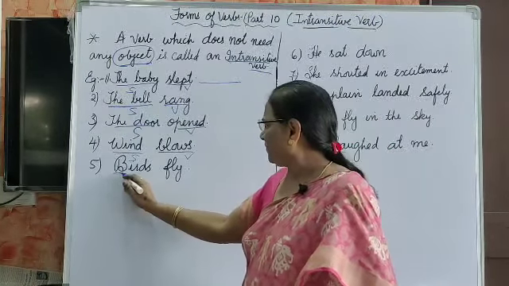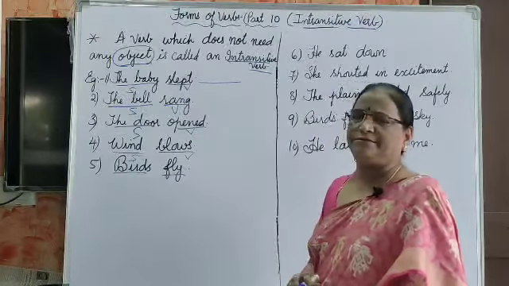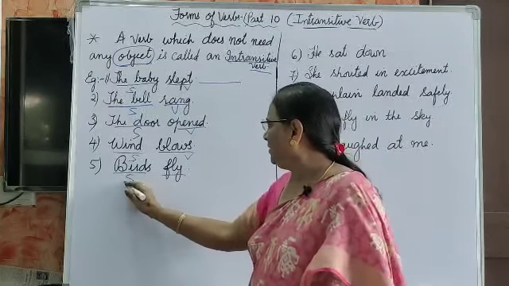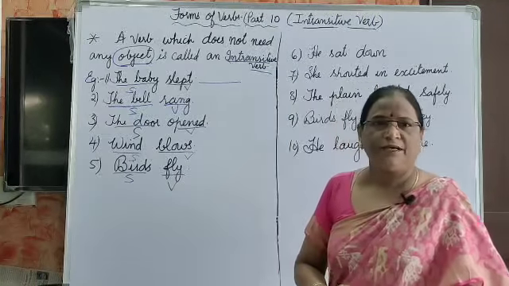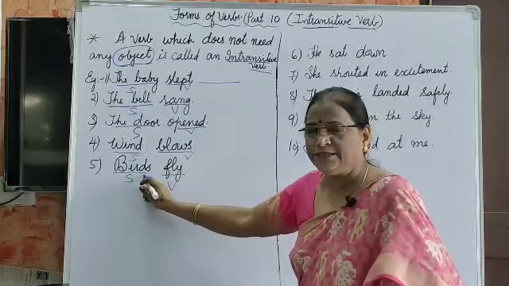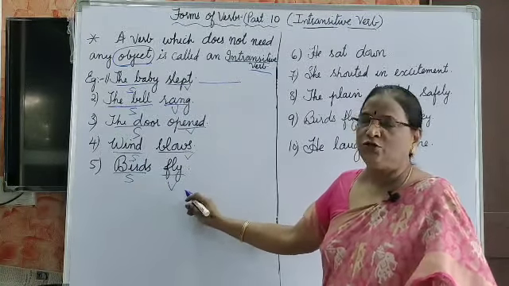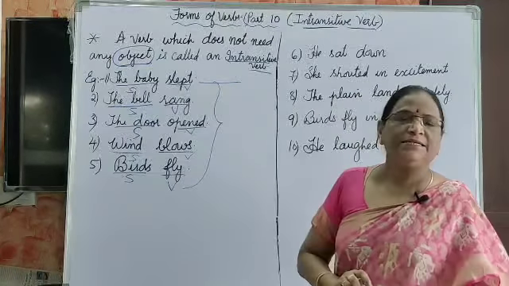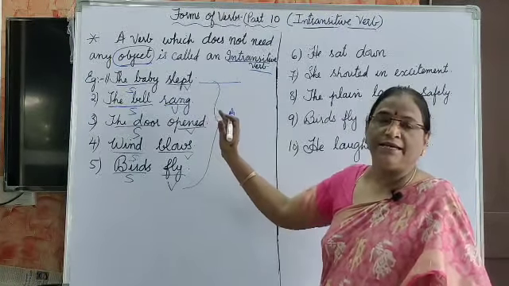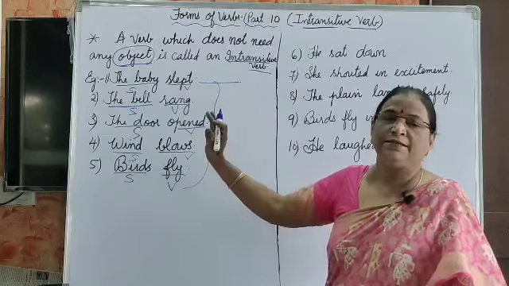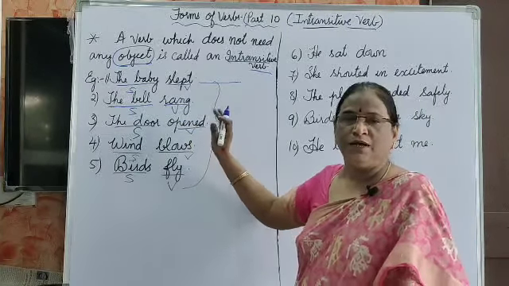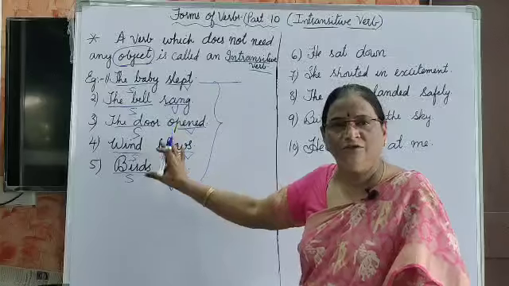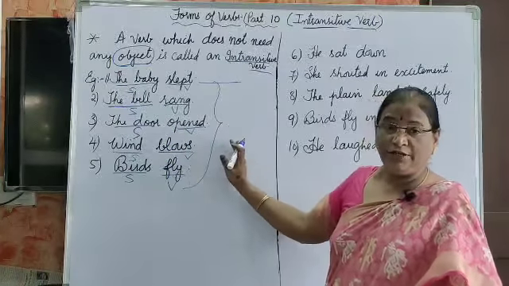Then next is birds fly. Birds is subject and fly is verb. So all these sentences do not require any object to complete the sentence or to have a sense. It is a meaningful sentence without an object.